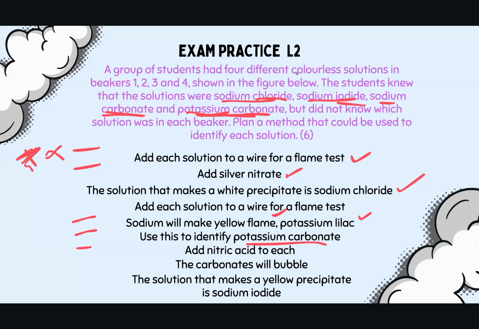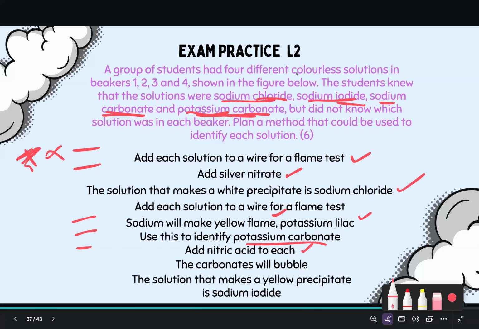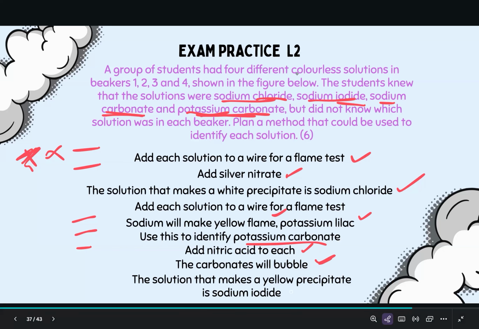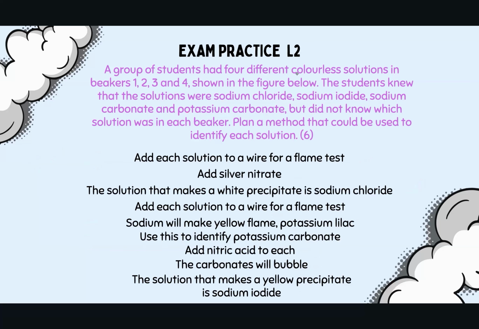Add nitric acid to each. The carbonates will bubble, because if you add an acid to the carbonates, that will make carbon dioxide gas, which will make lime water go white. The solution that makes a yellow precipitate is sodium iodide. This particular answer is not in that much detail, so I would go in way more detail than this. Learn those five inside out.